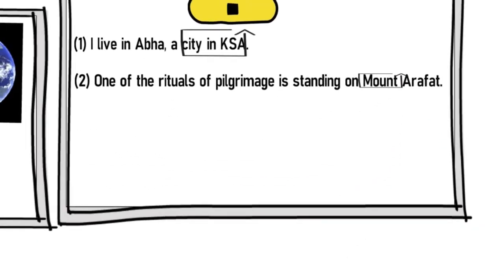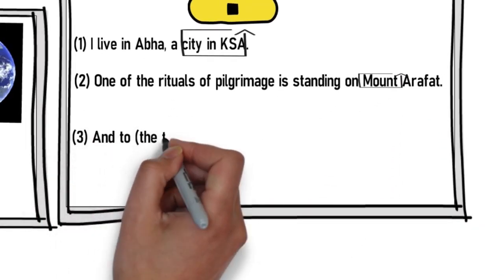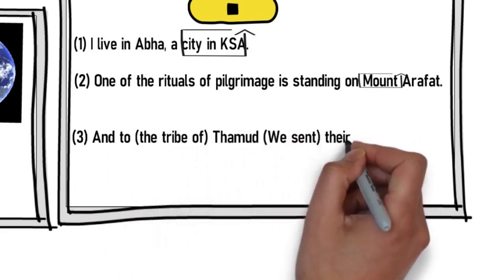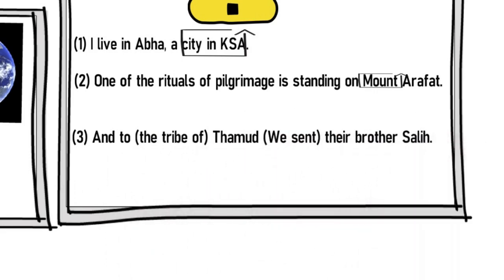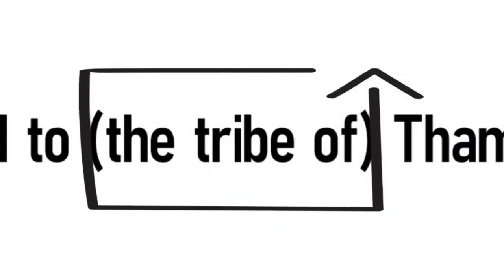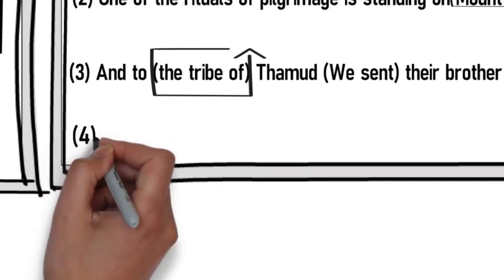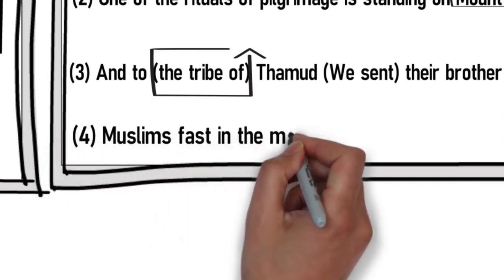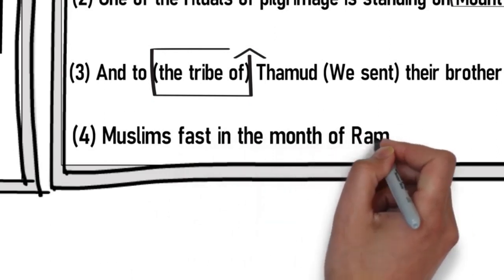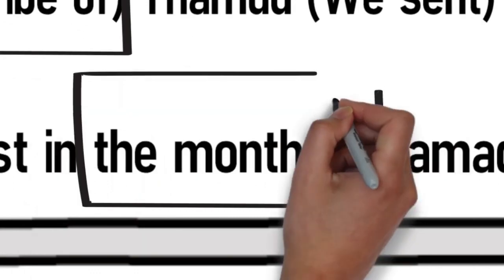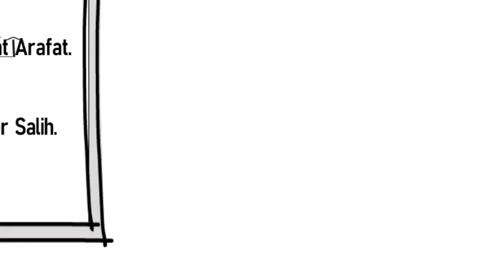So we added mount before the word. In sentence 3, we added a phrase before Thamud, the tribe of Thamud. And finally, in sentence 4, we added to Ramadan, month of Ramadan, to make it clearer to the target audience.